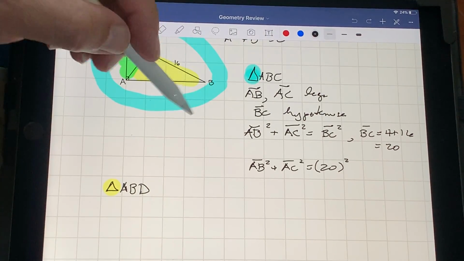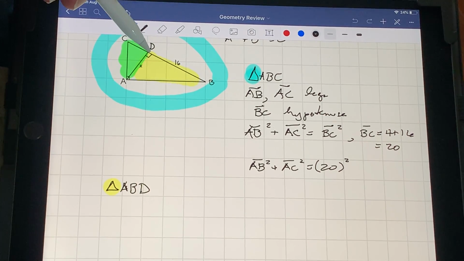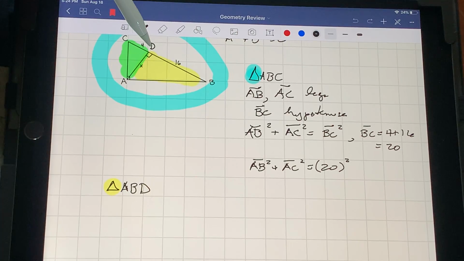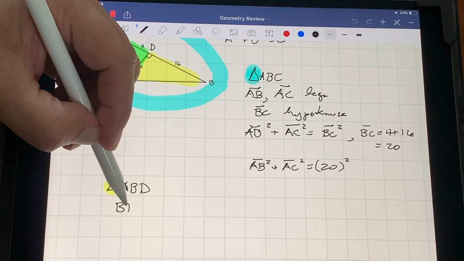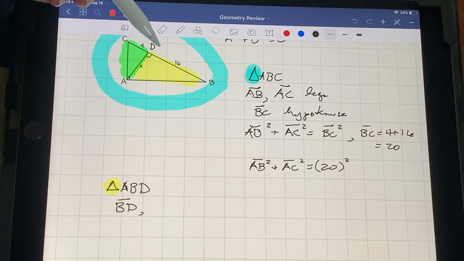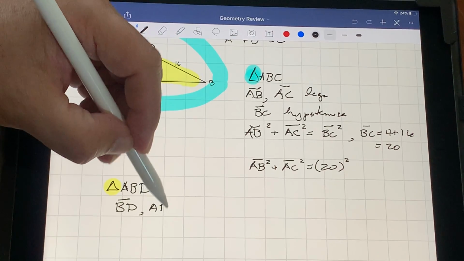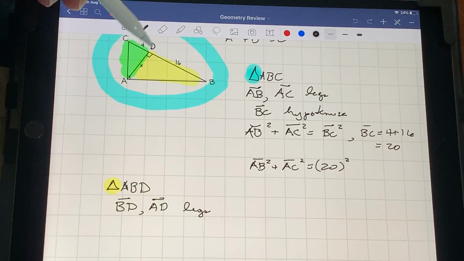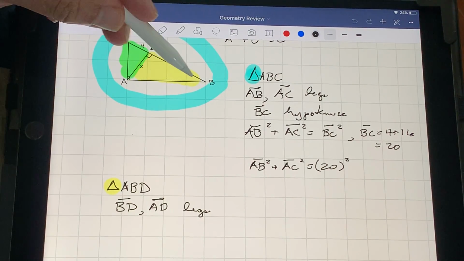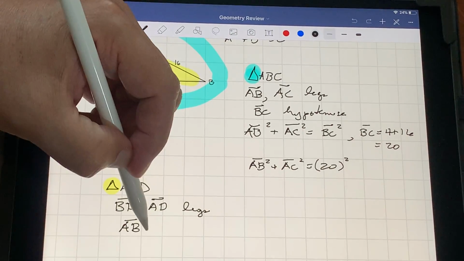So that one, just like before, is telling me that segments BD and AD are the legs, and the segment AB is the hypotenuse.